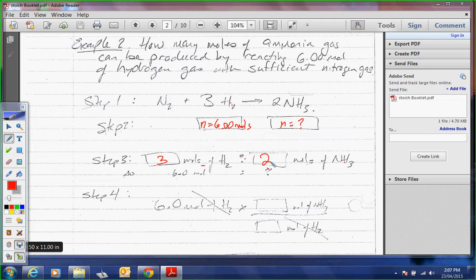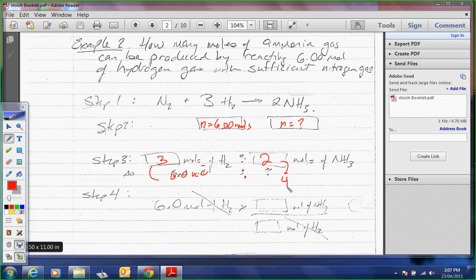So 3 cups of flour make 2 cakes. 3 moles make 2 moles. So 6 moles make, if 3 makes 2, then 6 must make 4, because this is times 2. So that's 4, for those of you that love ratios.